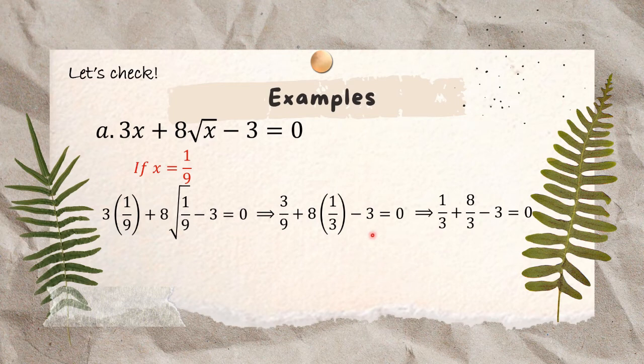Then after simplifying po, we have 1/3, since the lowest term of 3 over 9 is 1/3. And 8 times 1/3 is 8 over 3, minus 3 is equal to 0. Then we have 1/3 plus 8 over 3, we have 9/3, which is equal to 3 since 9 divided by 3 is 3. Minus 3 po, so it became 0 po as our answer. Therefore, x is equal to 1 over 9 is a solution of this equation po.